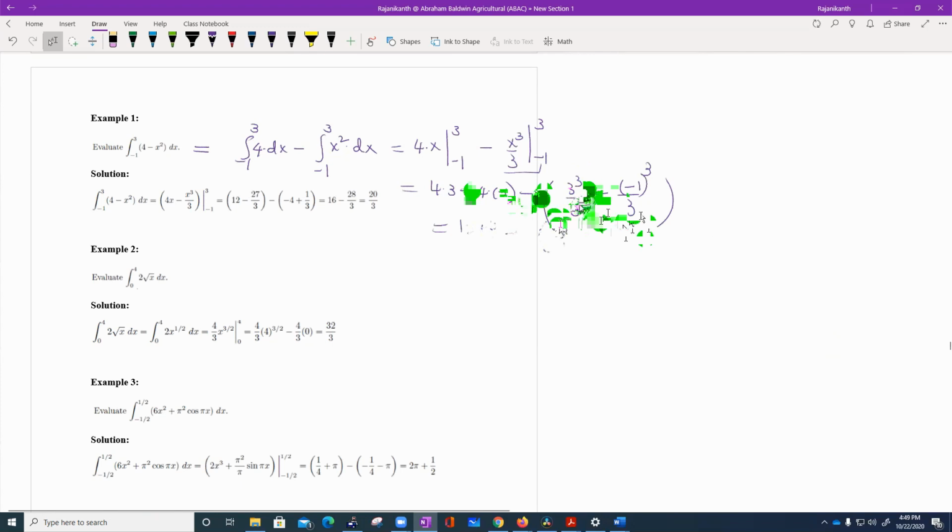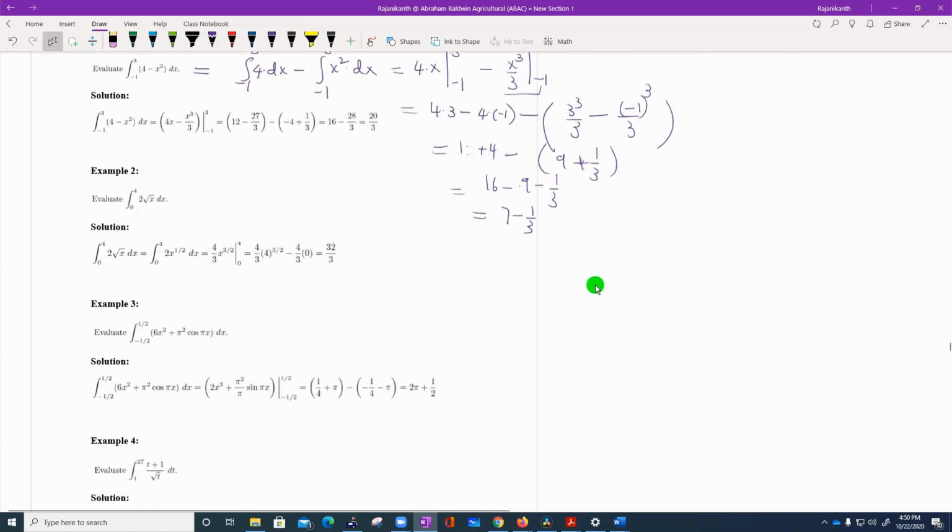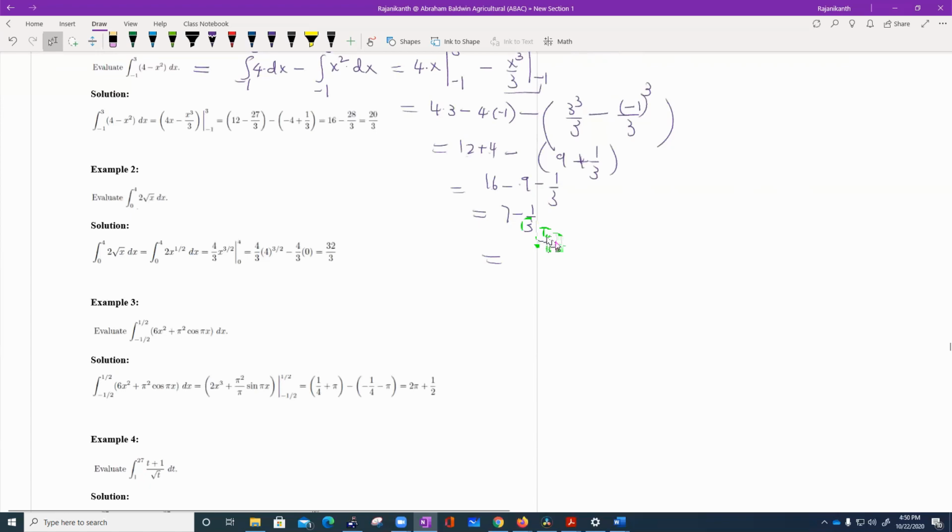This is 9, right? -1 cubed is -1, and this is positive 1 over 3. Then 12 plus 4 is 16 minus. Now you could distribute the negative sign outside. So 16 minus 9 is 7, minus 1 over 3. Okay, so that is 21 minus 1 over 3, which is 20 over 3.